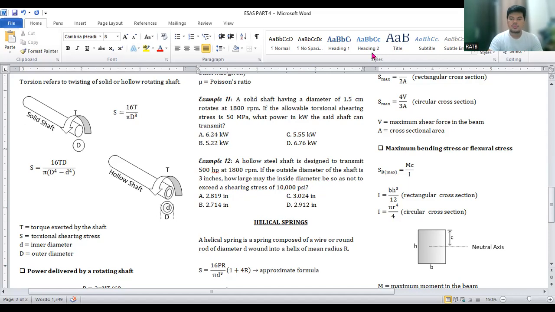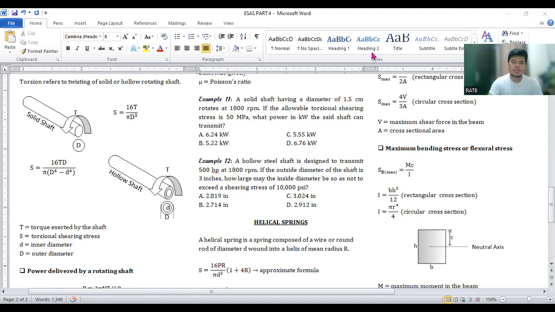Again, let us have the data. This is the hollow shaft. Given, power, that's 500 HP.